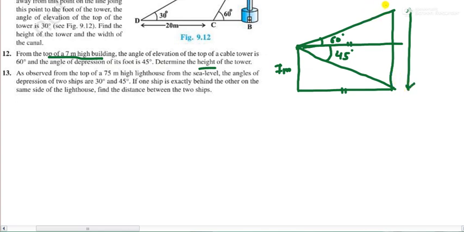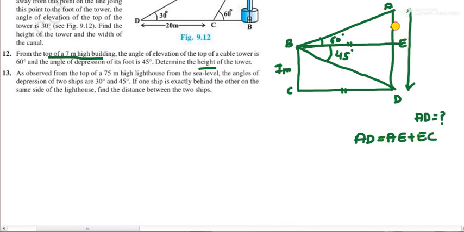So you can just name them as A, B, C, D, E. Okay, you need to find what? A, D. You have to find AD. But if you look at the figure, you can say that AD is equal to AE plus ED. Right?